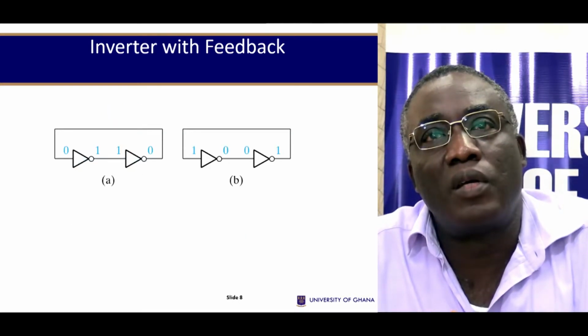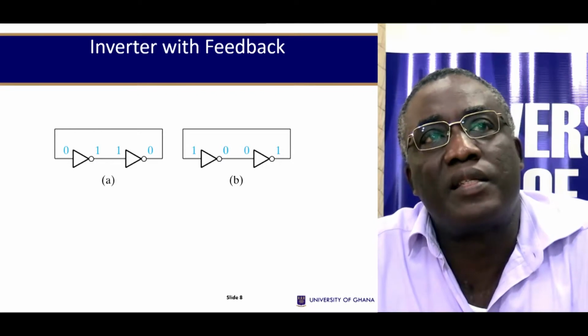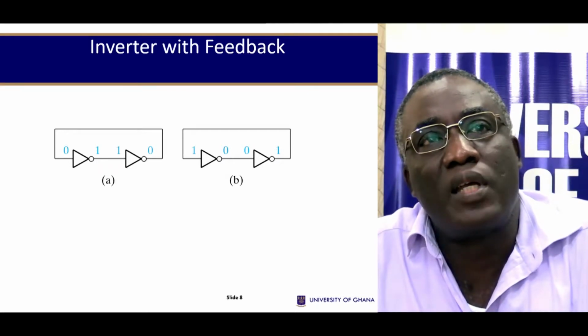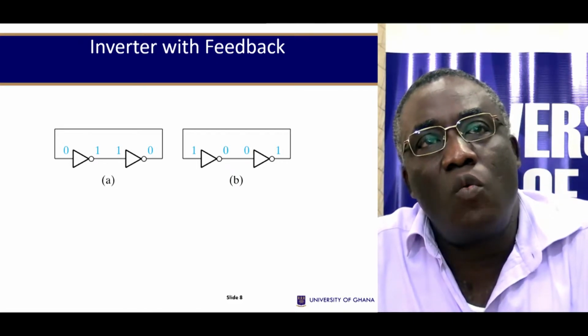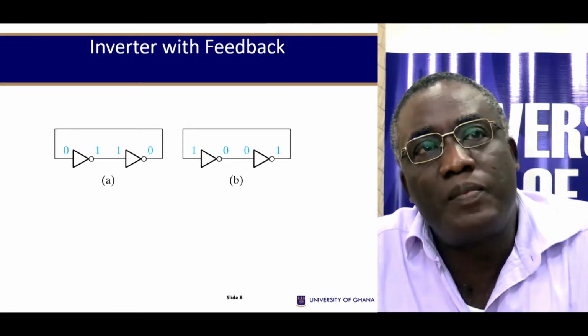Now, if on the other hand you have this, try to analyze it. If you put a 0 here, that gives you a 1 here, and then that 1 goes into the input of that. That gives you a 0, and that 0 comes back here.